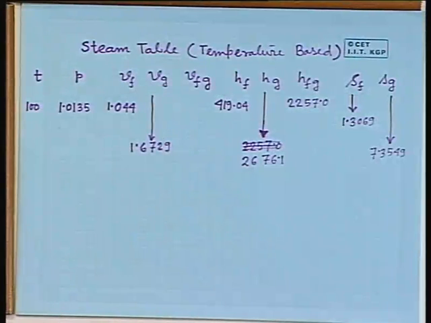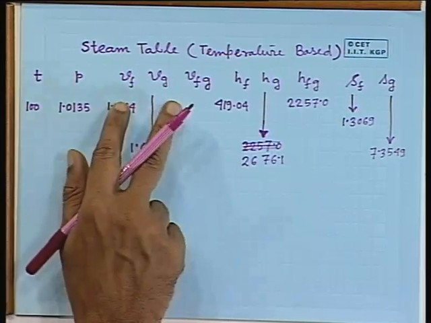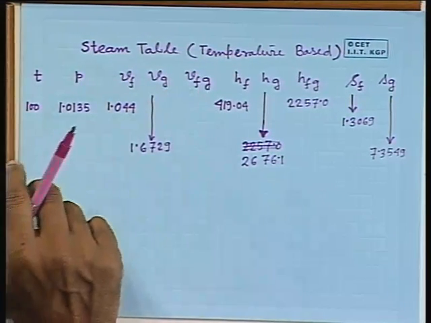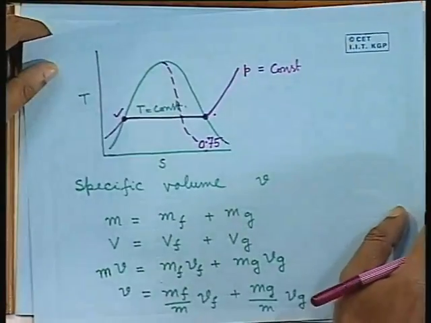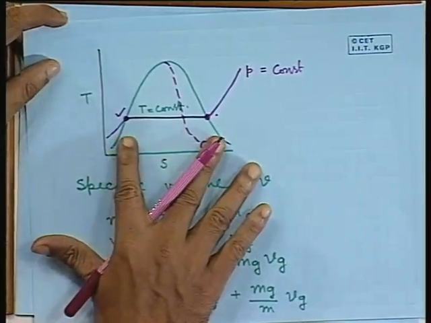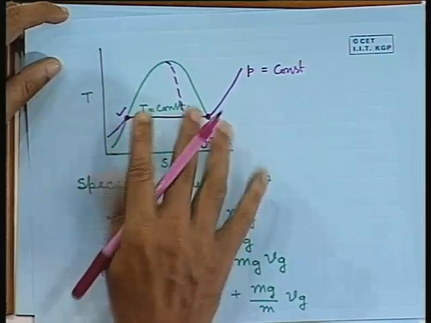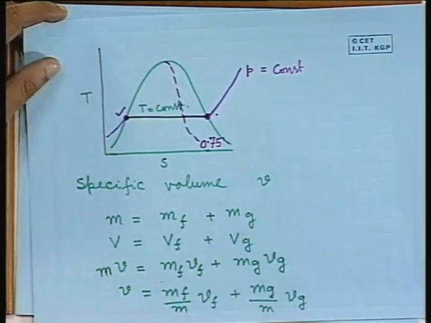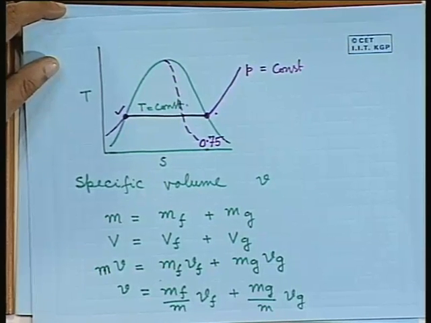The same thing happens in case of the specific volume. The difference between the specific volumes will be higher at low pressure and low temperature, but as we go towards the critical point, this difference will go on diminishing and it will vanish at the critical point.